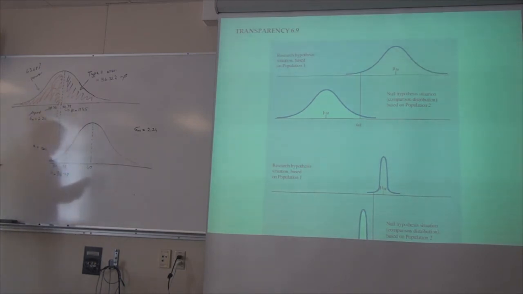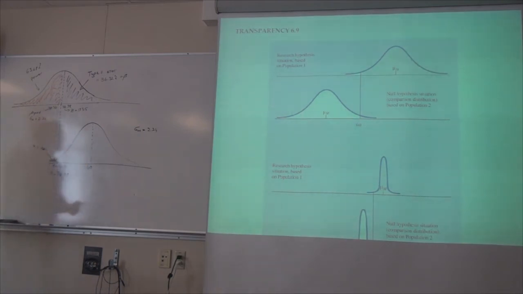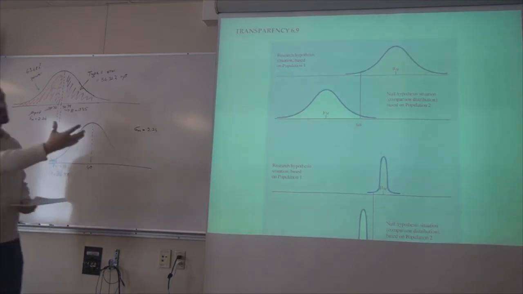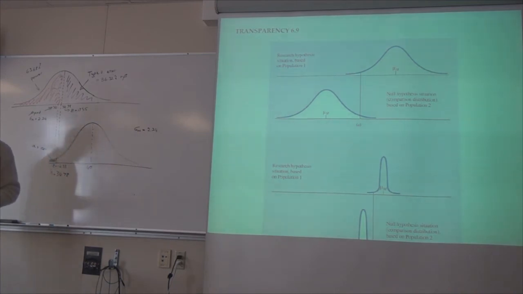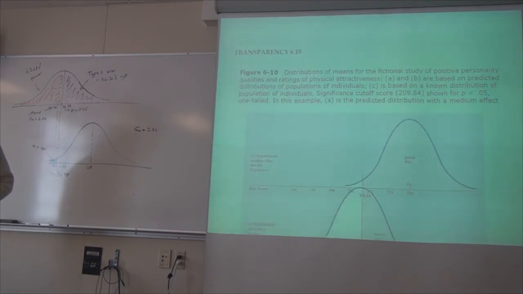So on the one hand, effect size, which is directly related to the distance between these two, how much the treatment has affected the population. So that's one, just the amount of shift, so to speak. The other one is the sample size itself.